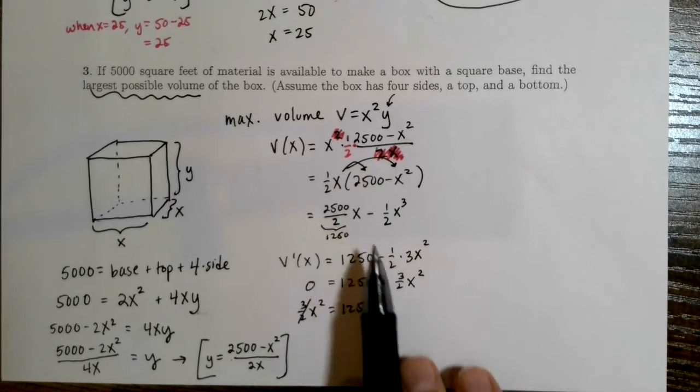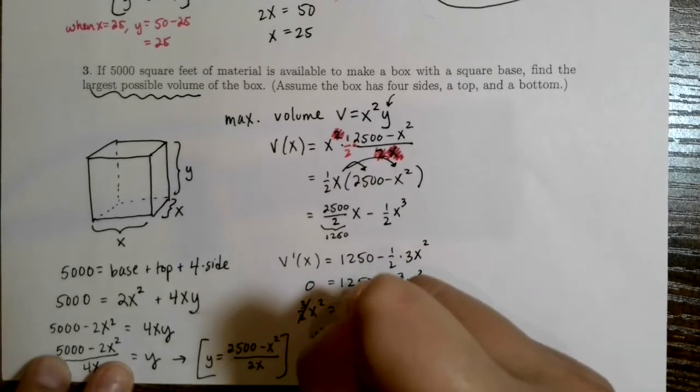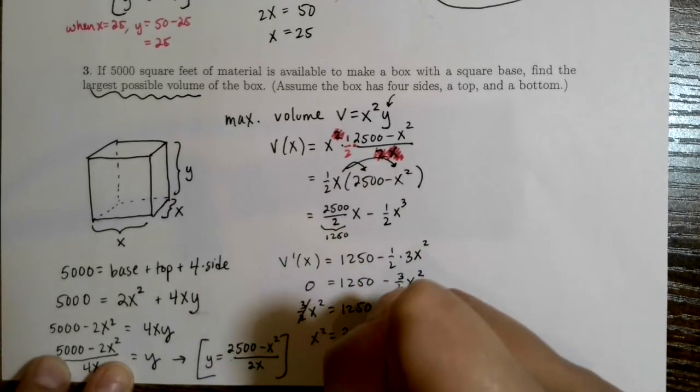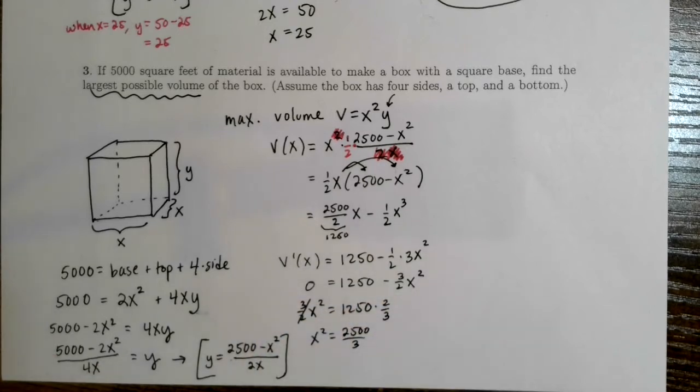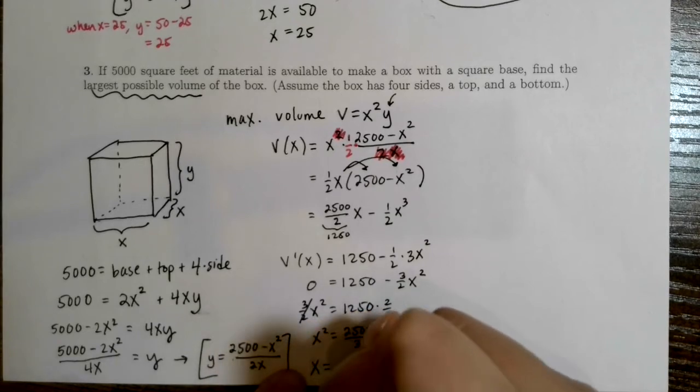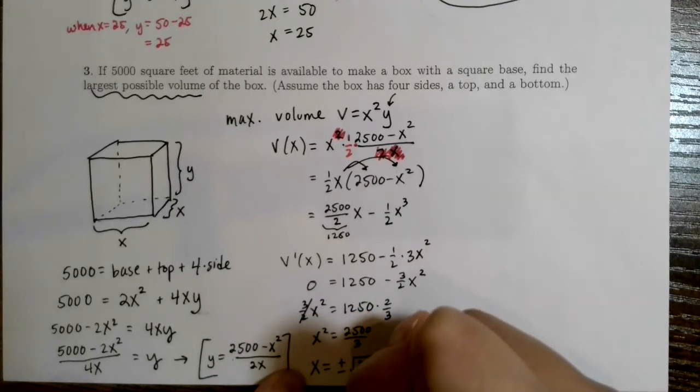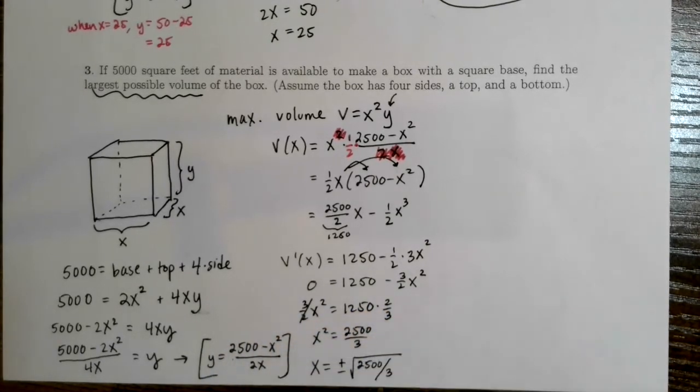So I'll have 2,500 over 3. It's not a particularly nice number, I don't think. And now I'm going to take plus or minus the square root of both sides. And my critical numbers are plus or minus the square root of 2,500 over 3. You can certainly simplify that because 2,500 is a perfect square, but the 3 is not, so I'm just going to leave it here.